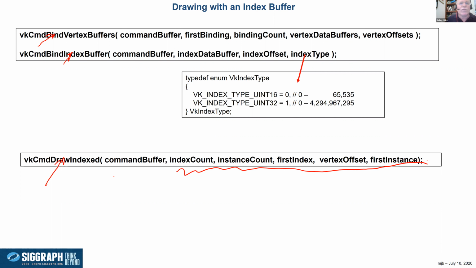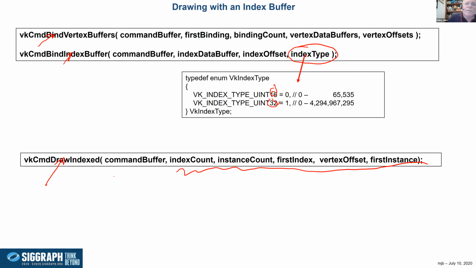So throughout your drawing function, you're going to bind and rebind vertex and index buffers, and then just keep saying command draw or command draw indexed. The index type is how many bits there are in the index. The index could be a 16-bit unsigned integer or a 32-bit unsigned integer. You tell it here, and then you make sure your indices are created that way.